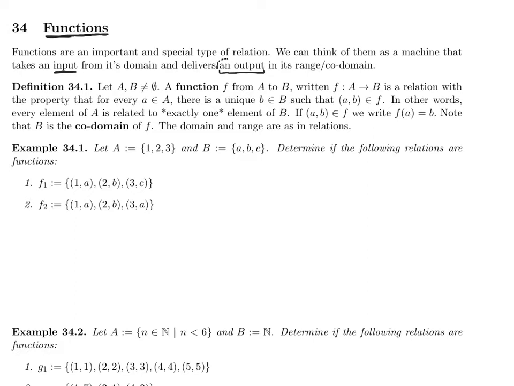This word "an" is important here. I actually mean exactly one. That's the idea of a function. Well, what that means basically is we can input everything in our domain into the function, and we get exactly one element in our codomain.